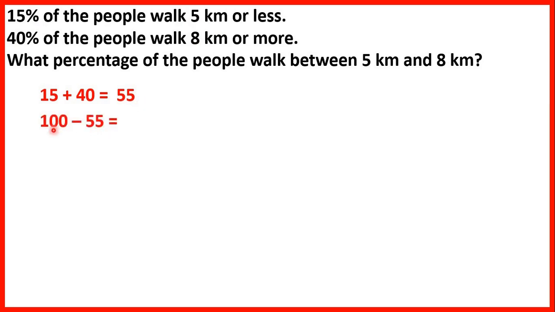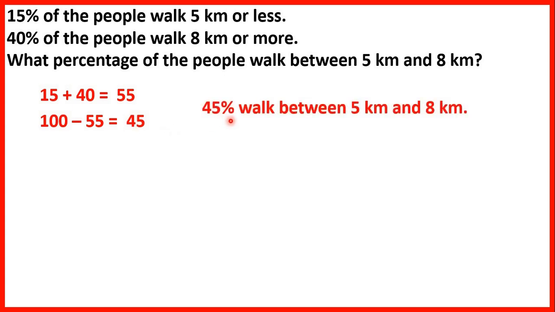Now because percentages need to total 100%, if we subtract what we have from 100, that gives us 45. So 45% walk between 5 kilometers and 8 kilometers because 15 plus 40 plus 45 is 100 and percentages total 100%.